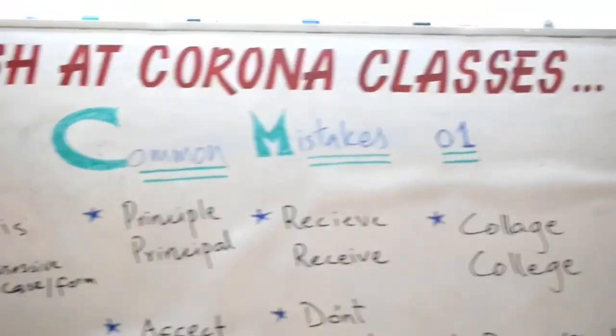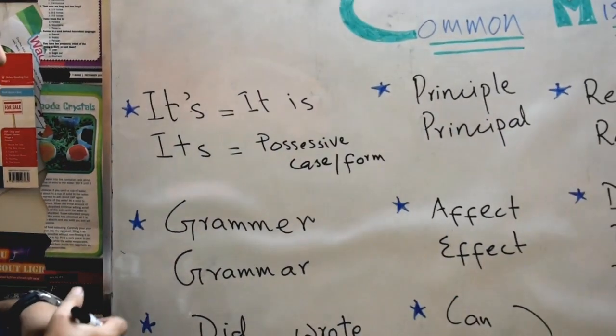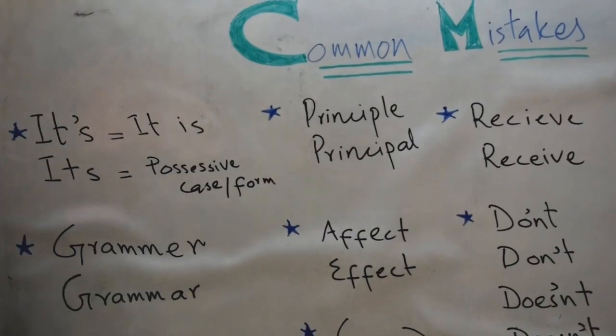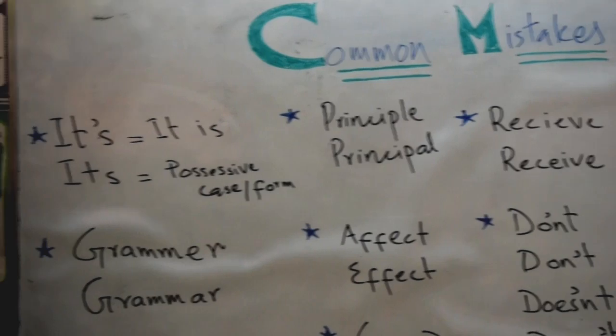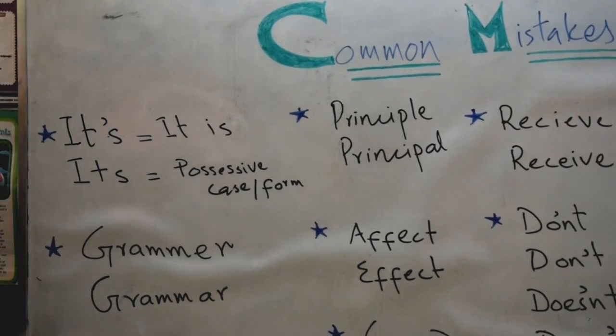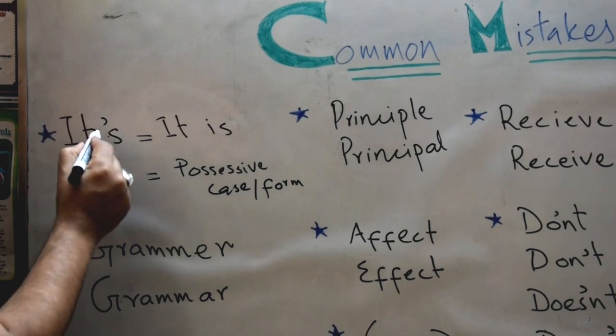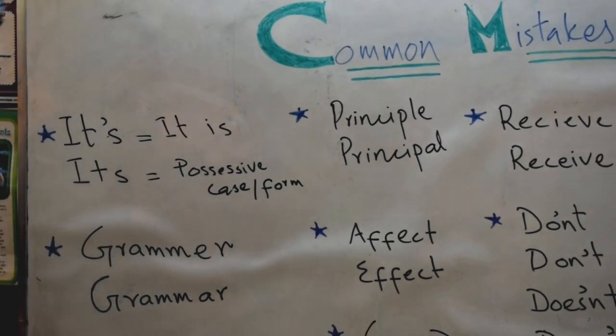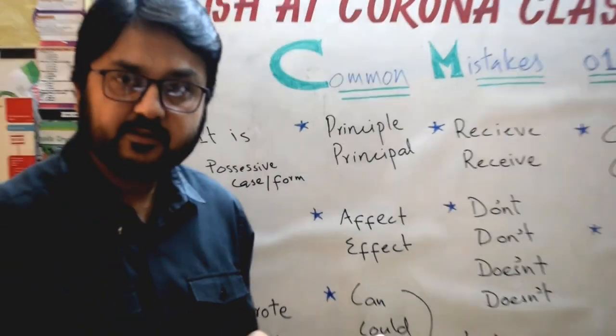This is the mistake which is commonly found because the students are confused about which its is to be written. Now, its with an apostrophe is the contraction of it is. It's my bag.